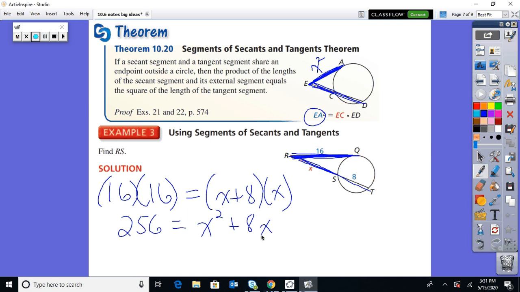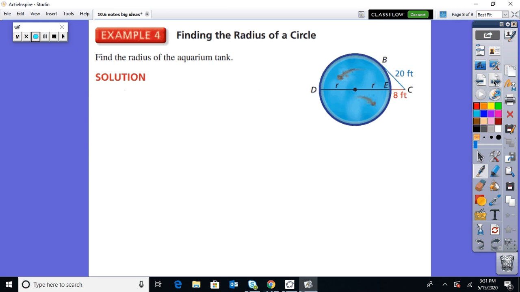And this is not going to be something you're quizzed on this year. The setup is what I was mainly concerned about here. Example 4. Here's a good application of this. Find the radius of the aquarium tank. We're out here outside the circle at C. We know this tangent is 20. And we know the distance from C to the circle is 8.